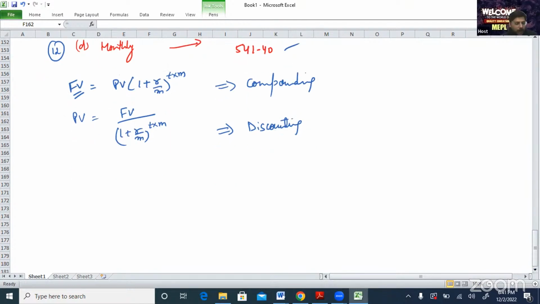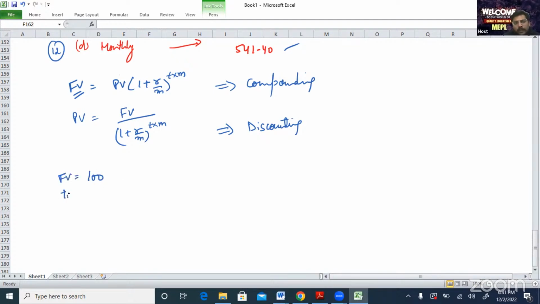So what will happen? I will put my N value, my I/Y value, PV, I have to calculate, my PMT will be 0, future value I will put the number, and it will give me what? My present value. So let me again say, if I want 100 rupees, 100 rupees is the future value, for example.